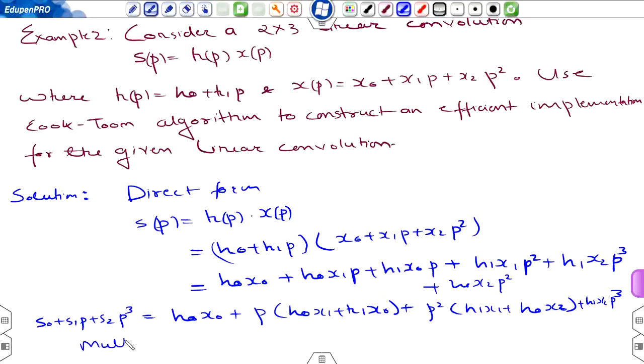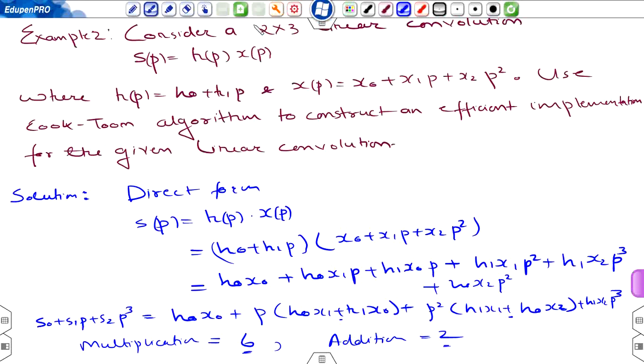So total multiplications are 1, 2, 3, 4, 5 and 6, and total additions are 1 and 2. So using direct form, this can be implemented using 6 multiplication operations and 2 addition operations.